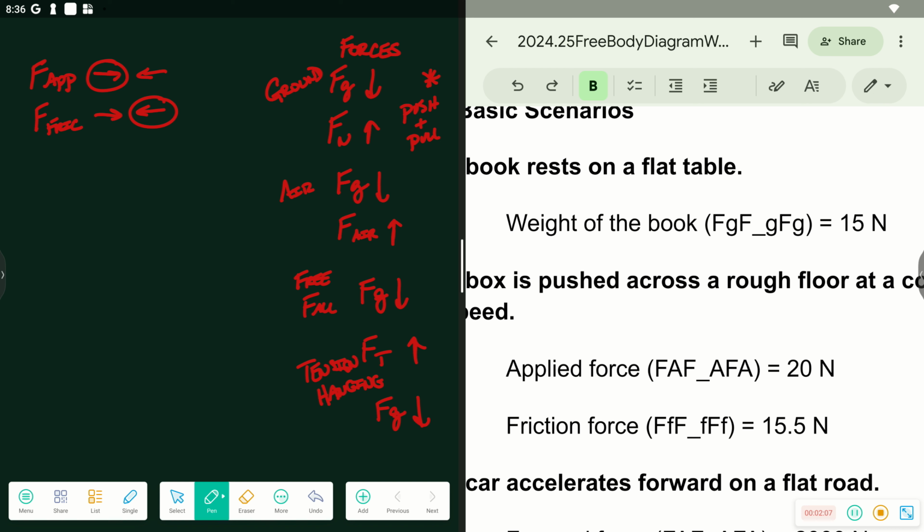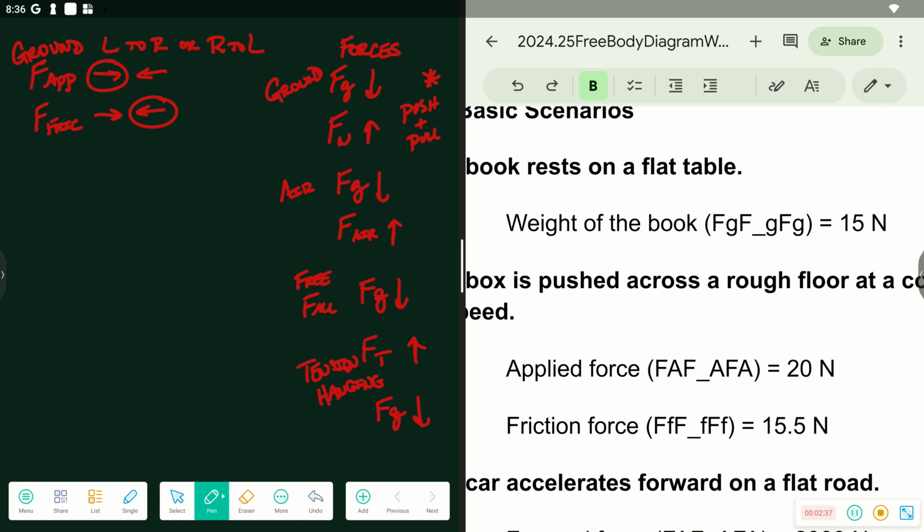Again, this is on the ground, left to right or right to left, okay? So if you have an applied force on something that's rolled across the ground, unless it says it's frictionless, there's friction. If it's something that's frictionless, then there's nothing there, okay? Especially if it doesn't have any applied motion.